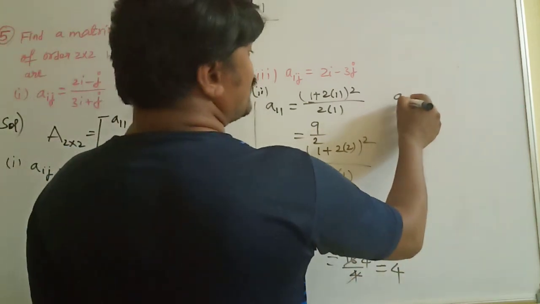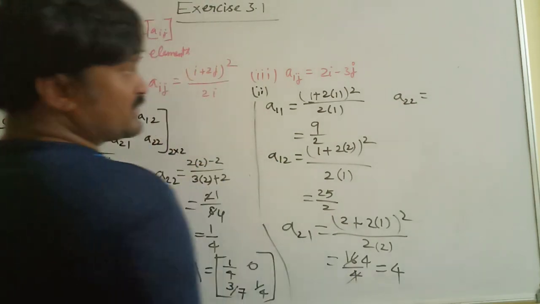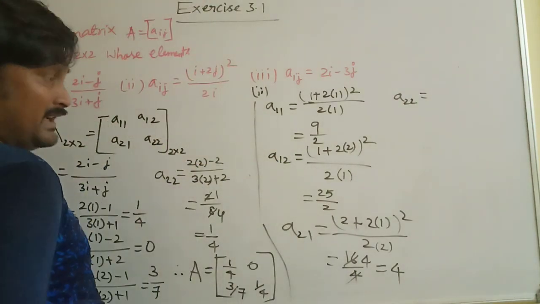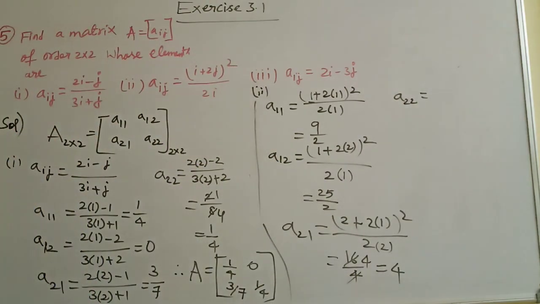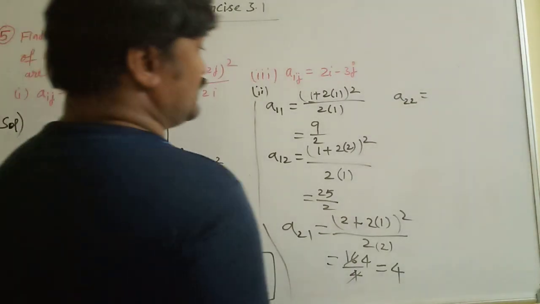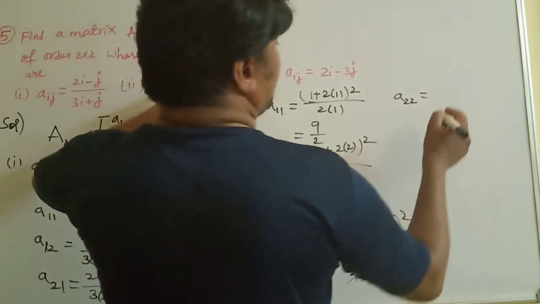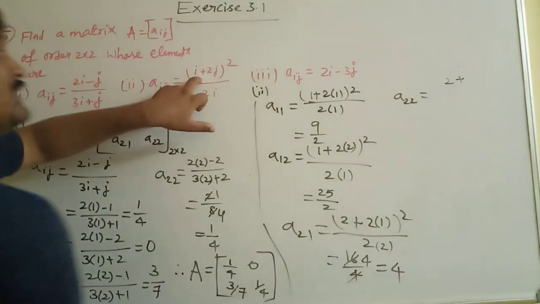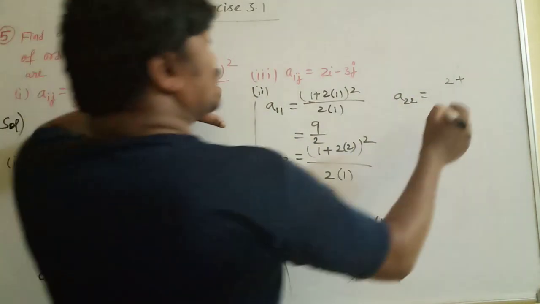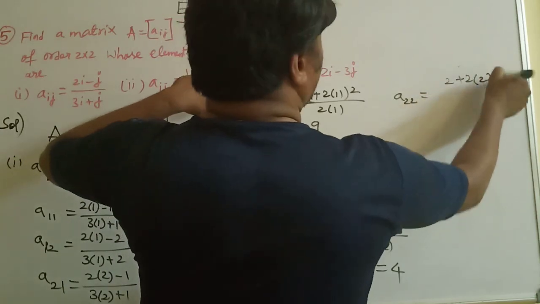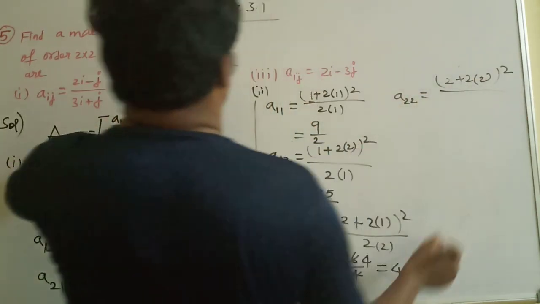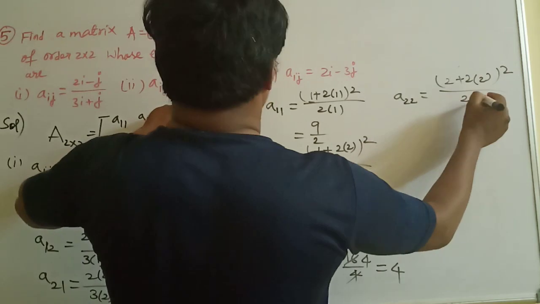Now a22: let me write this down so that you get it. a22 is i equal to 2, plus 2 into j, that is 2 into 2, whole square upon 2 into 2.